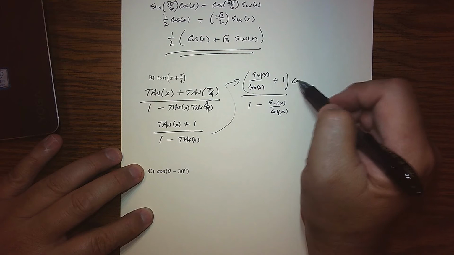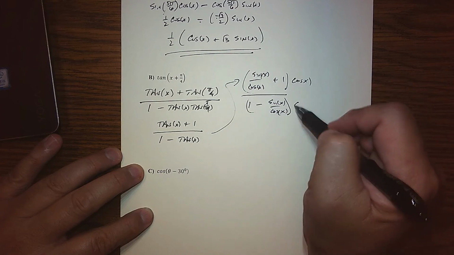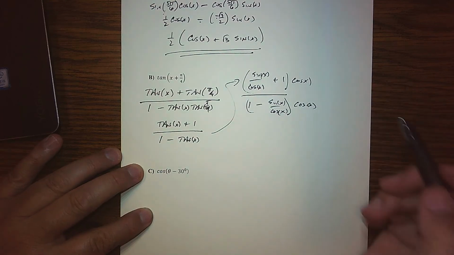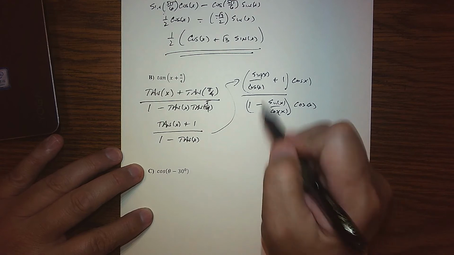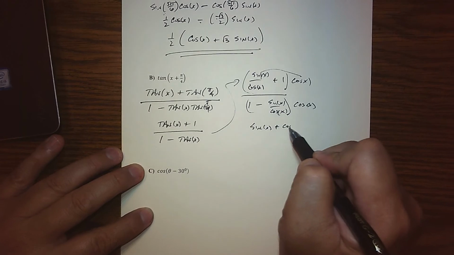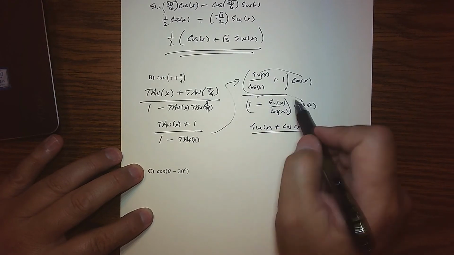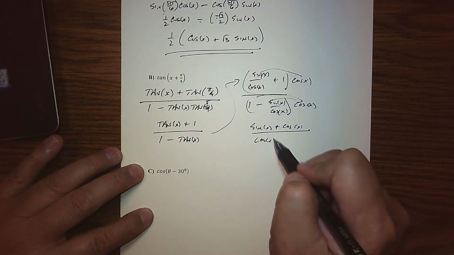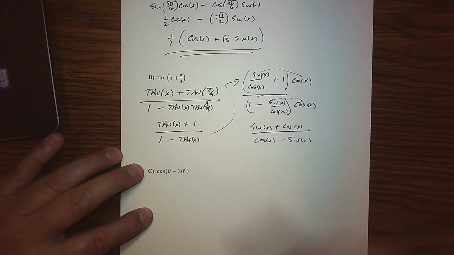Invoking that same trick, I'll multiply top and bottom by cosine x and see where that takes us. If we distribute here, we get sine x plus cosine x, and down below we get cosine x minus the sine of x.